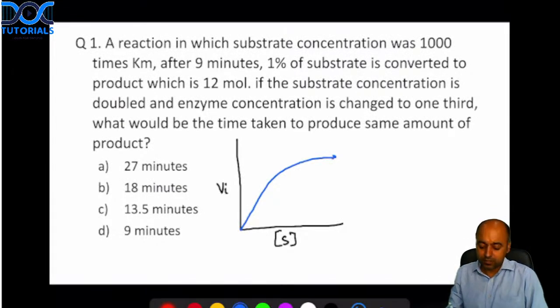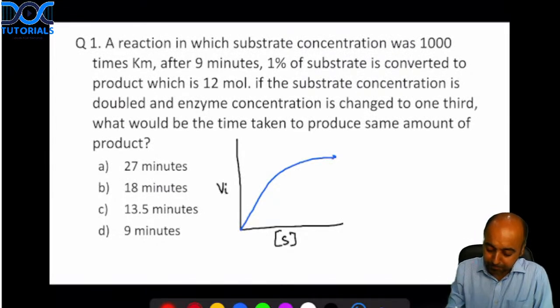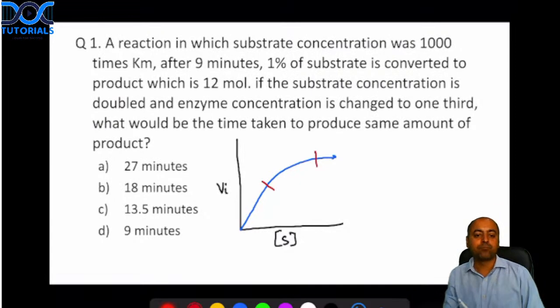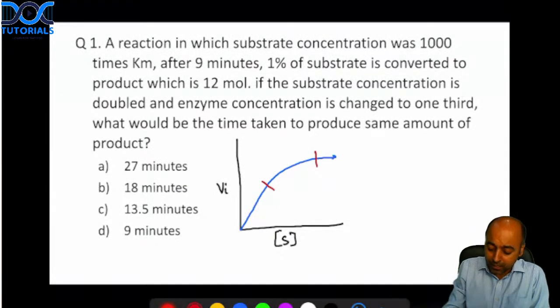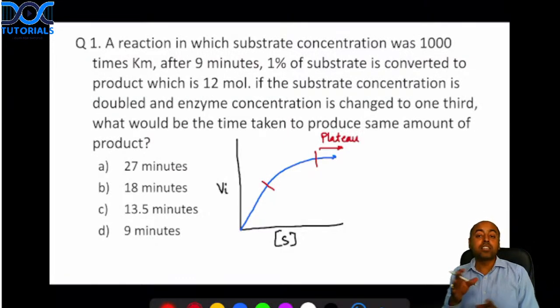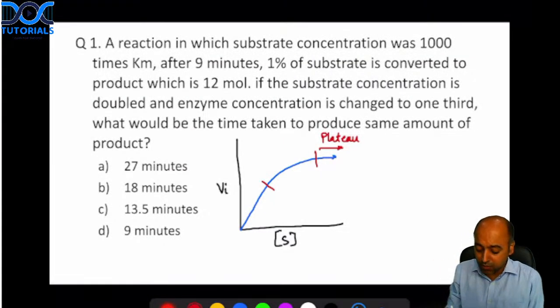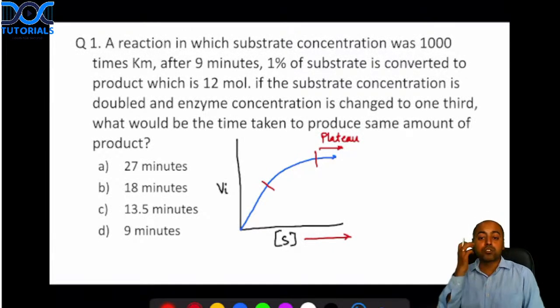The graph is something like this. This graph is divided into three parts. First is a linear part, so it is moving in a straight line. Then there is a curved part, and then you have this plateau phase. This is the plateau phase, means further increase in velocity doesn't occur even if you increase the substrate concentration.